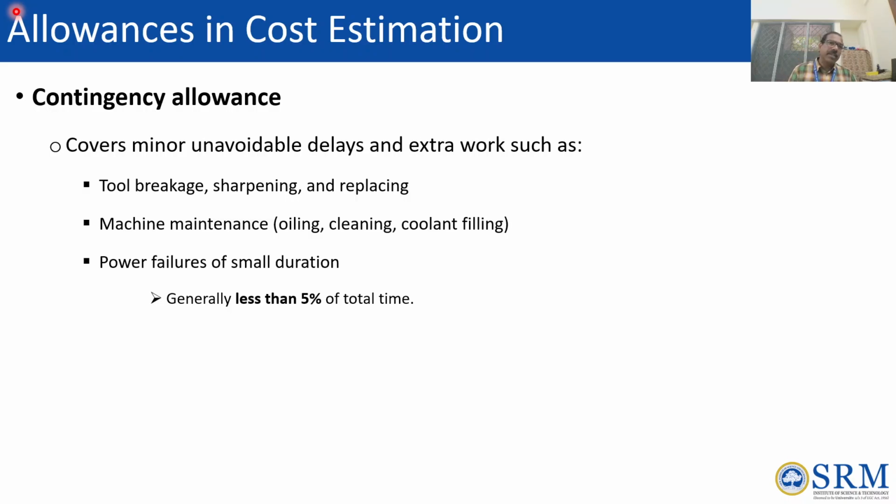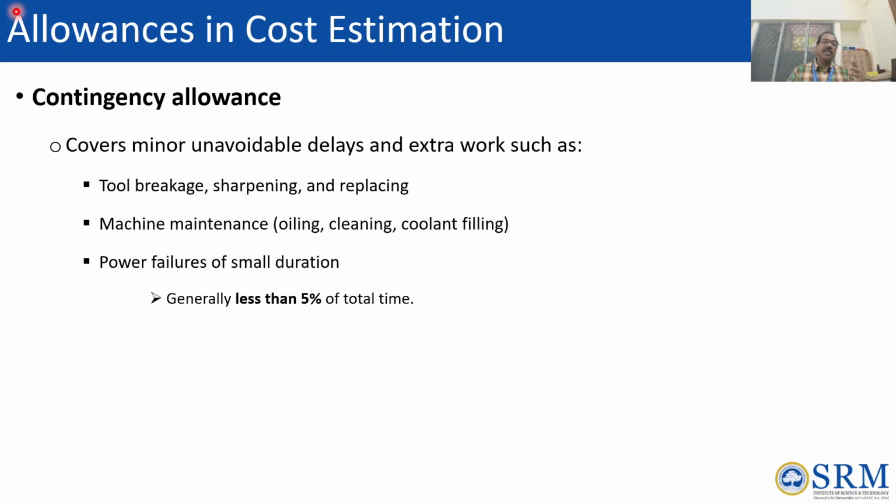You can keep sensors to detect failure, but sudden fracture happens, and then you need to do sharpening or replacement. All that comes under continuous allowances. Then machine maintenance: sometimes you need to oil and clean the machine, or fill the coolant. That also comes here. And sudden power failure for a small duration means you need to start the generator, and you need some time for that.